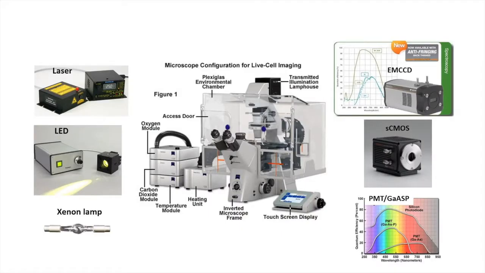So this is one example, I believe it's a Zeiss system, that shows a full-blown system to do live cell imaging that has this microscope enclosure chamber that maintains temperature, proper humidity, and CO2 control through this module. You can connect it to a CO2 tank, and it will maintain 5% CO2 in the chamber and reasonable humidity.